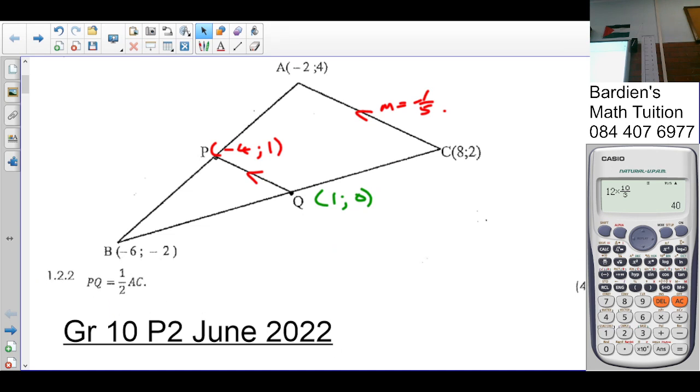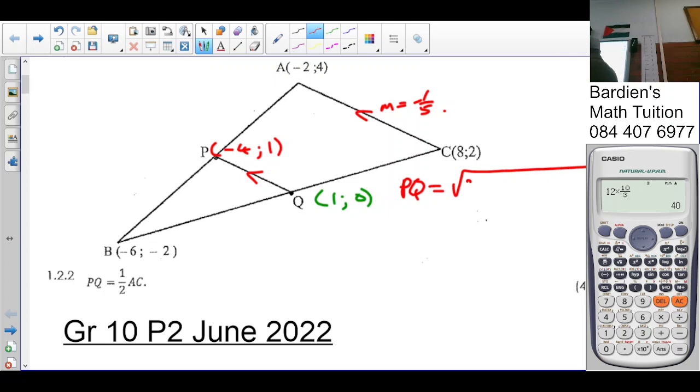So for PQ, it's going to be the square root of x2 minus x1 squared plus y2 minus y1 squared. So that simply gives us, for PQ, it's going to be -4 minus 1 squared plus 1 minus 0 squared. So that is root 26.